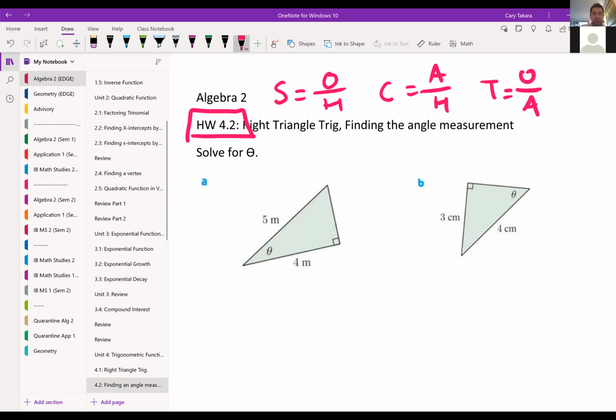So the first question, A. So label, then identify, set up an equation. Let's go up to that point. So copy down the triangle. It shouldn't take very long, right?